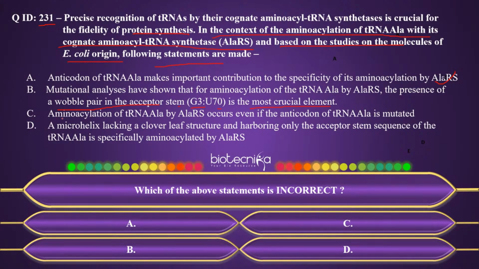Option C says that the amino acylation of the tRNA alanine by alanine RS occurs even if the anticodon of the tRNA alanine is mutated, right? Then the last option says that a microhelix lacking a clover leaf structure and harboring only the acceptor stem sequence of the tRNA alanine is specifically amino acylated by alanine RS. So which of the options would be correct here?